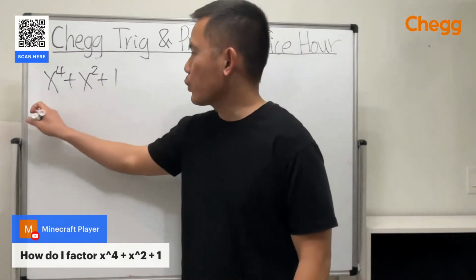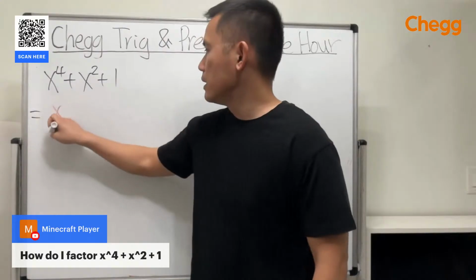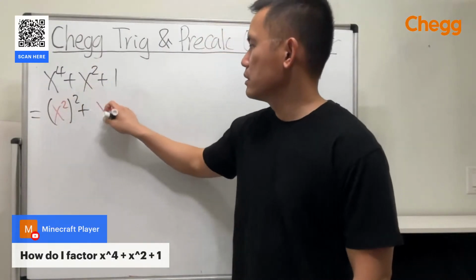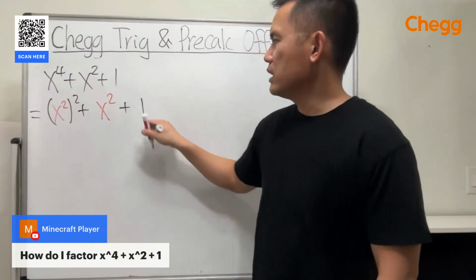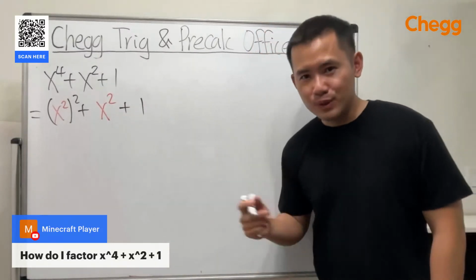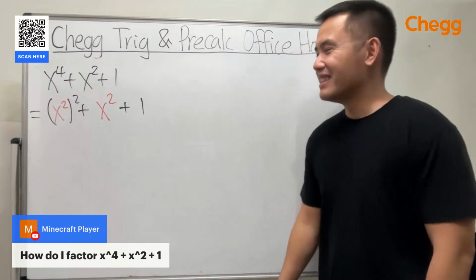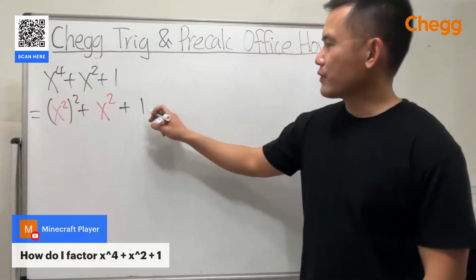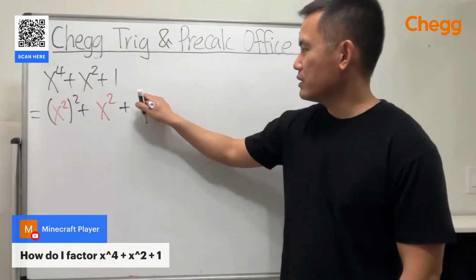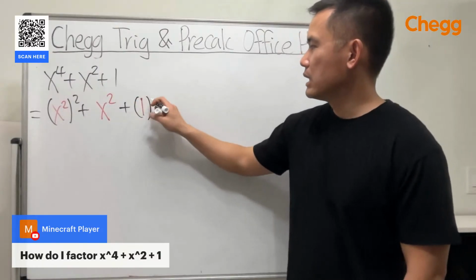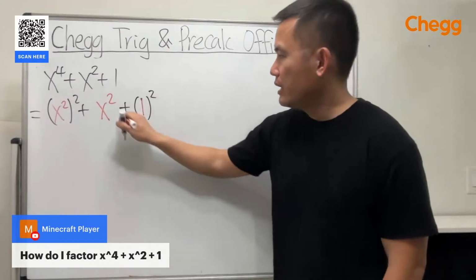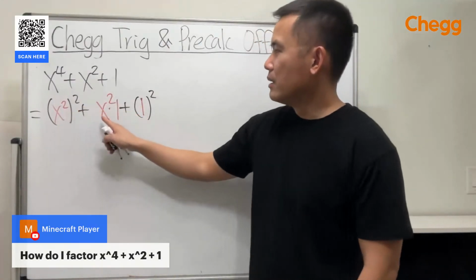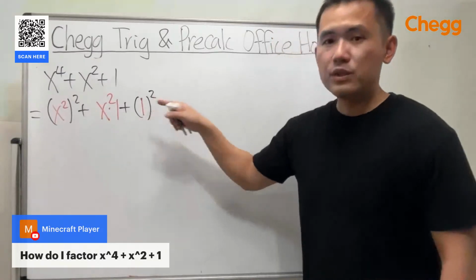This is kind of like x squared, yeah? And then we have x squared, and then plus 1. So at least we're making some progress, right? But of course, let's see. We have something squared, and of course, we can look at the 1 as 1 squared, like this. So we have a squared plus ab plus b squared.